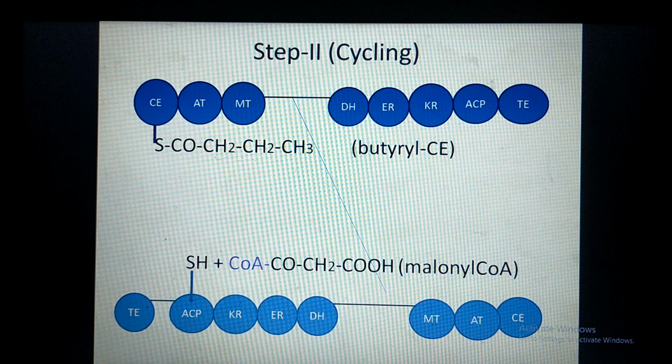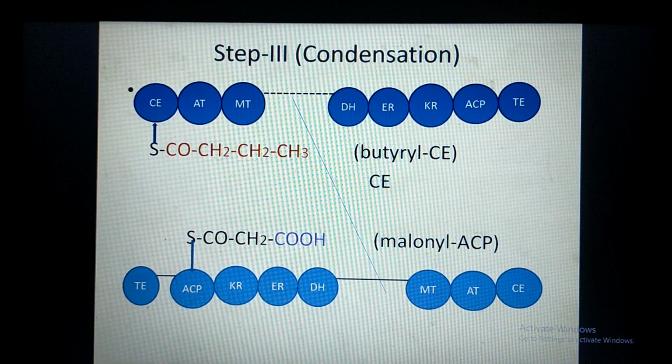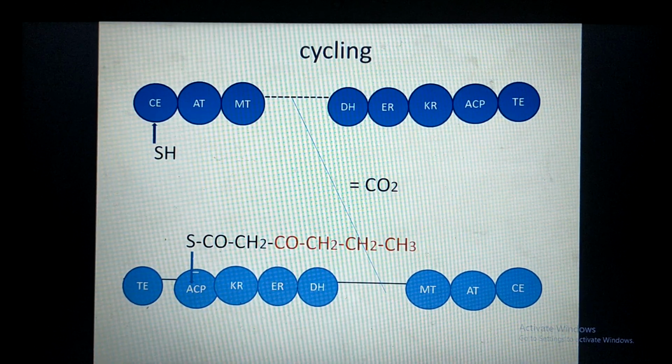Then the butyryl group from the condensing enzyme is transferred to the decarboxylated form of malonyl CoA. So here, if you count the carbon length, it now becomes 6.